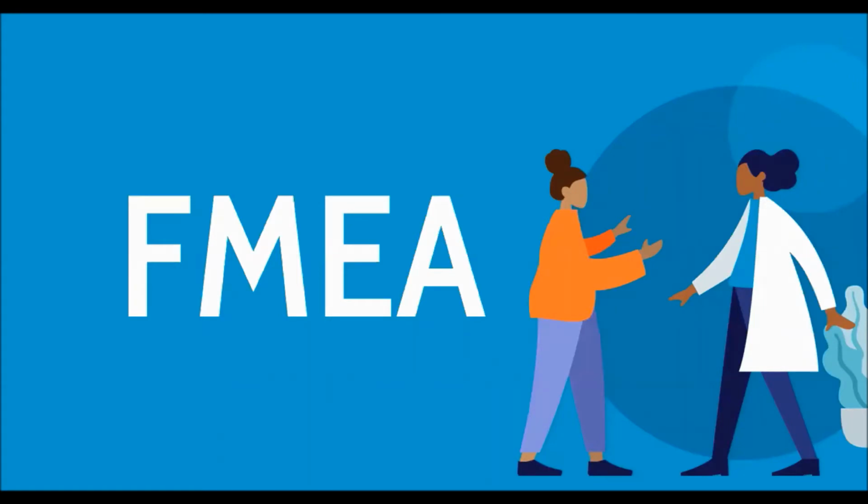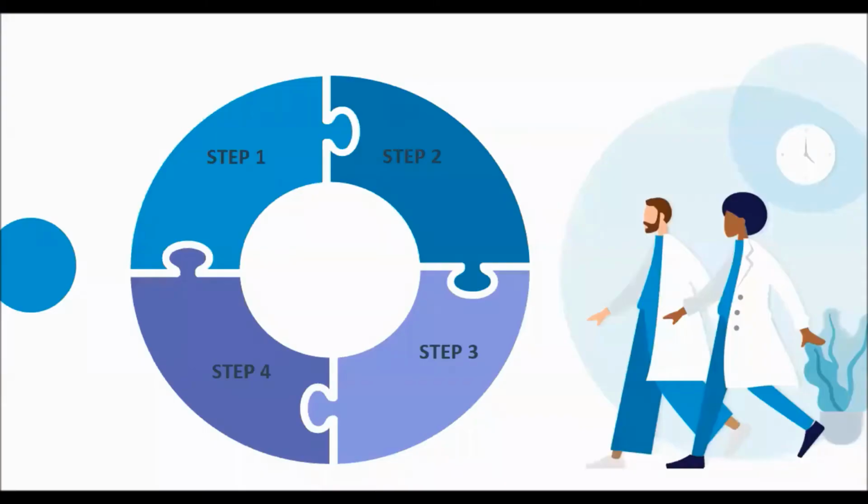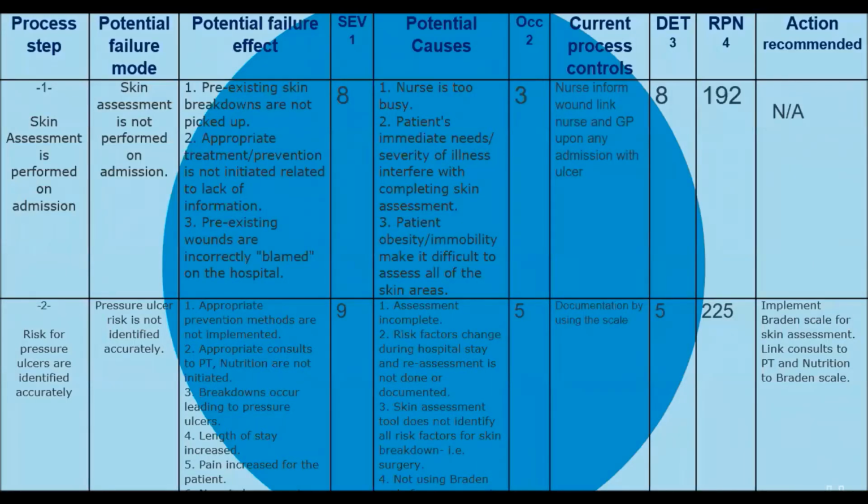Now FMEA. We have 4 steps. Step number 1, skin assessment is performed on admission. The potential failure mode is skin assessment. Ms. Islam, I want to ask you a simple question about FMEA.